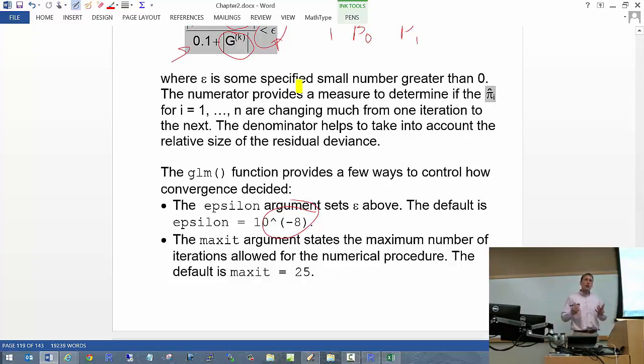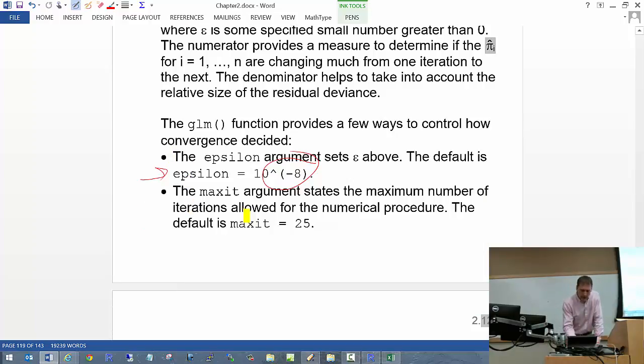To use a different epsilon than what's given in R, which doesn't happen often, you can use the epsilon argument in the glm function. More often, you can change maxit, which stands for the maximum number of iterations, to something more than 25.